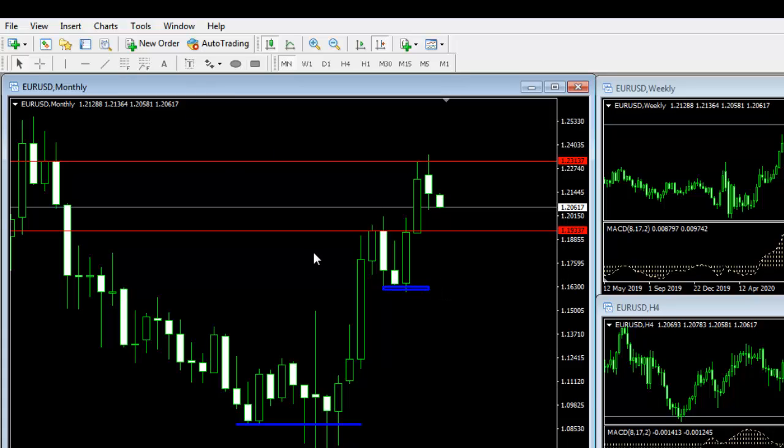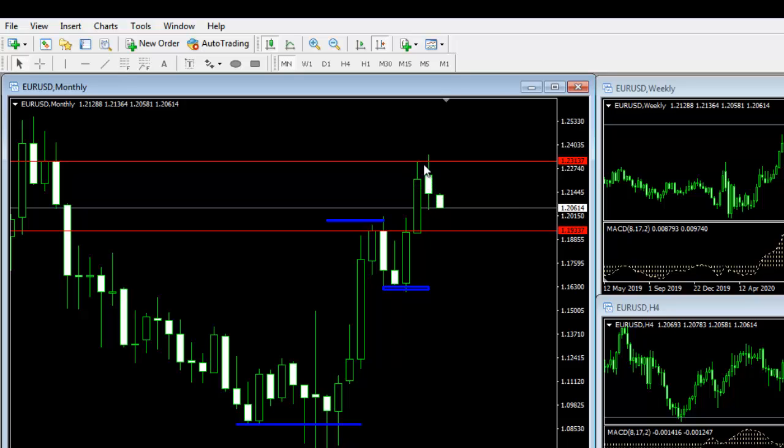We have one high, this high here, maybe two, depending on what the price is going to do here. And then that is made on our level.